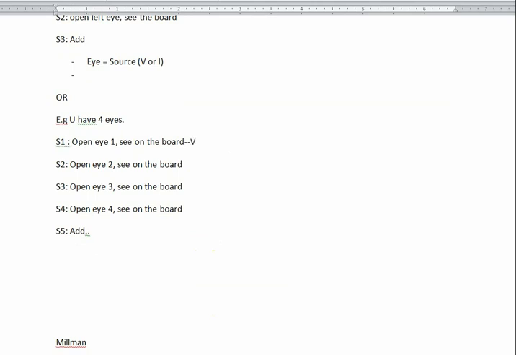Here is a voltage source, and here also, so I will write V1, V2, V3, and here is one current source.